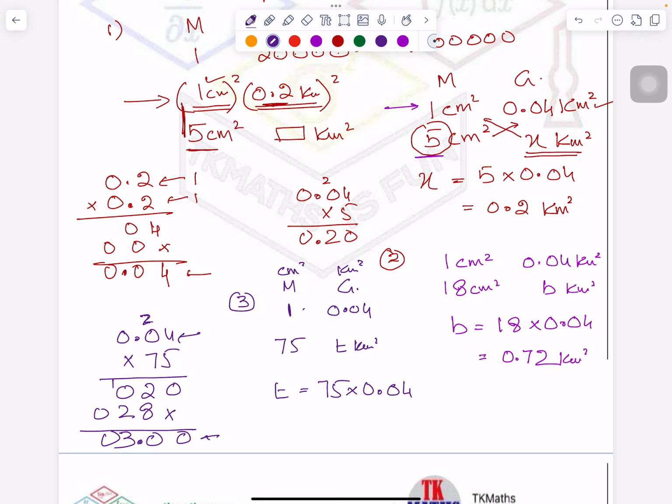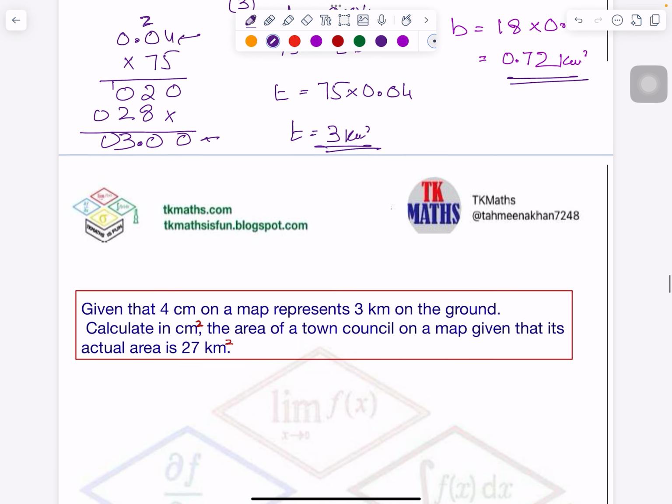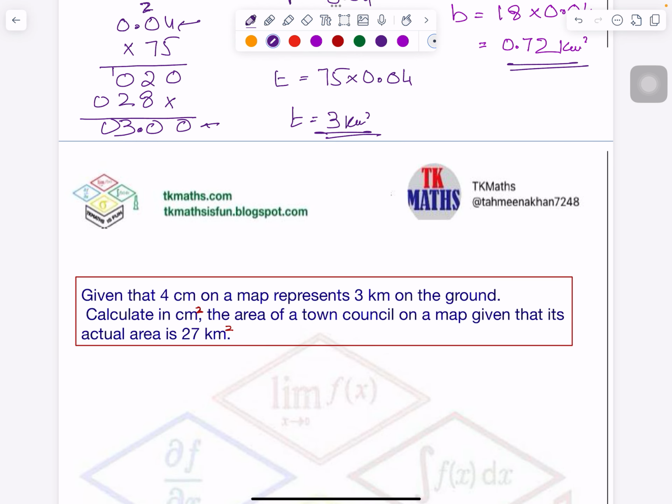So this is equal to 3 square kilometer. I hope you understood. This answer is for part C, this is for part B, and this is for part A. So now you can put the video on pause and try this question yourself.